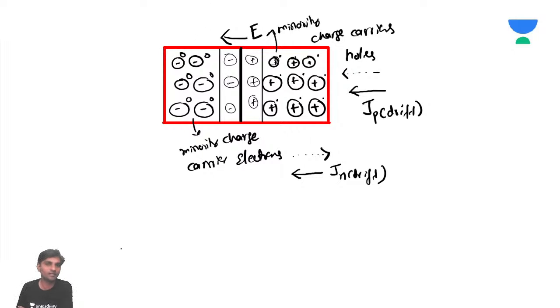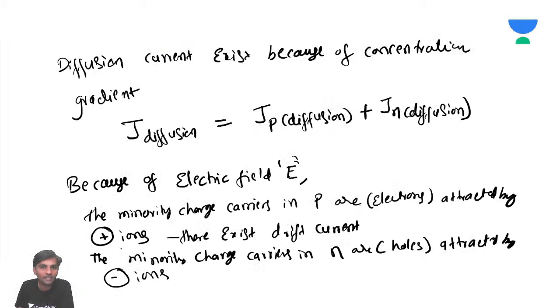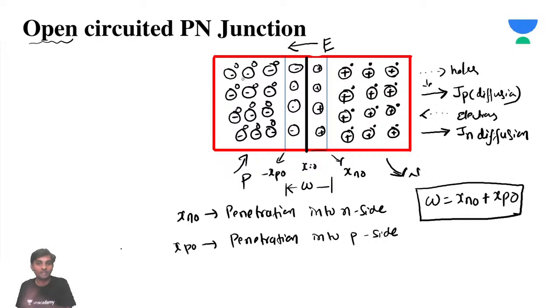Balaji, it is very simple. What I am trying to say is that an open circuited PN junction is electrically neutral because of what is happening inside. Before formation of this junction, the charge carriers are moving from this region to this region. Yes or no?